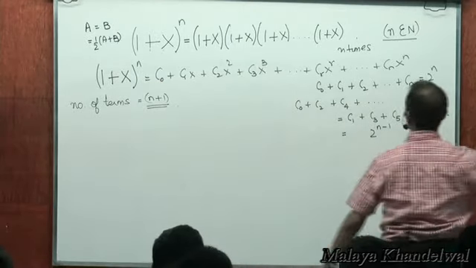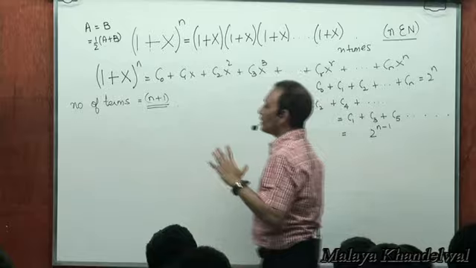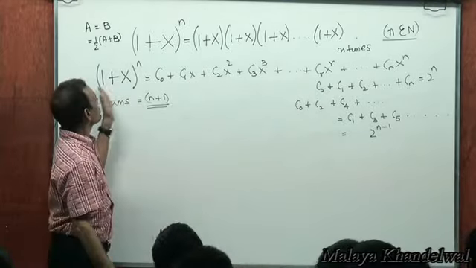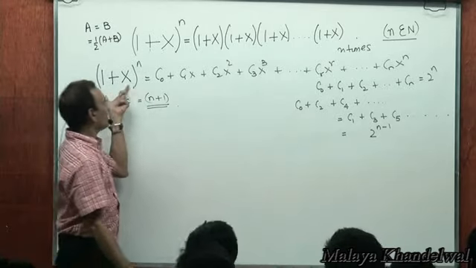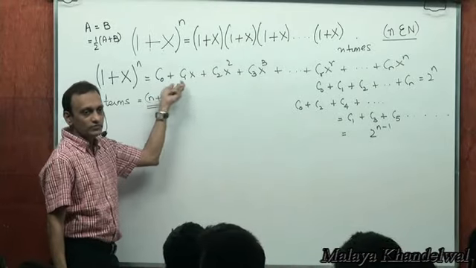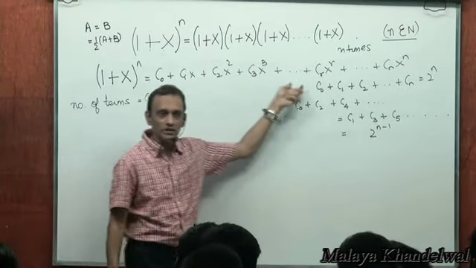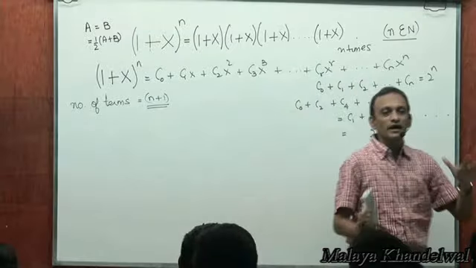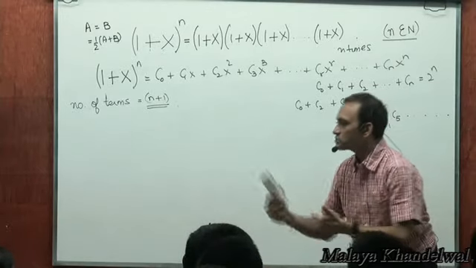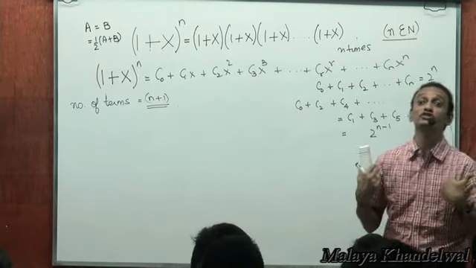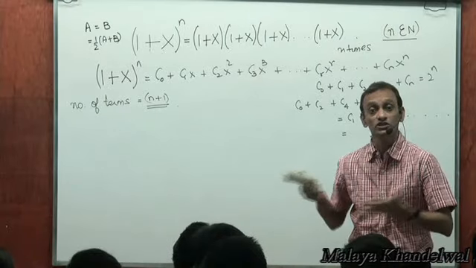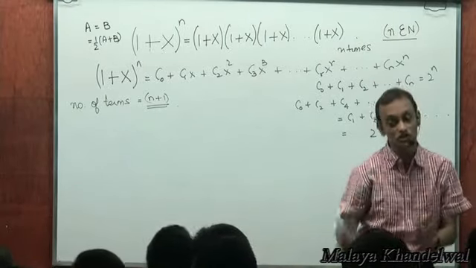Now, this form of representation of 1 plus x power n in terms of well-defined binomial coefficients, for internal consumption, we'll call a processed form. Don't quote me anywhere on this. This is only for in-house consumption.